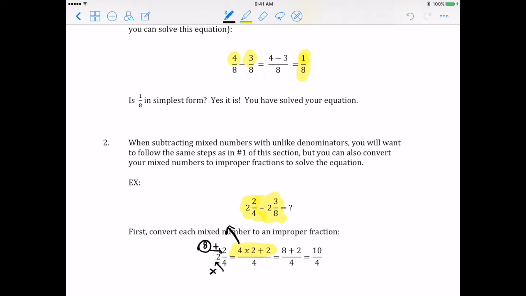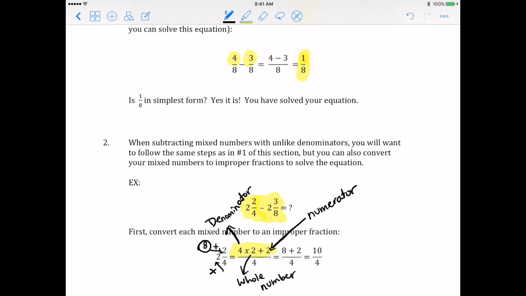I'm going to write this up here. So that's your denominator. Okay? And this 2 is your whole number. And finally, this 2 is your numerator.